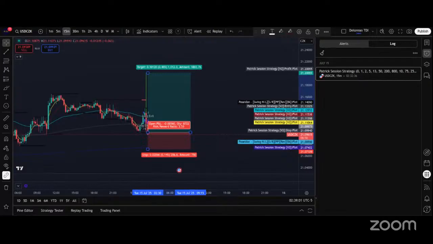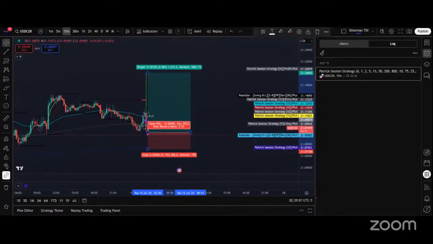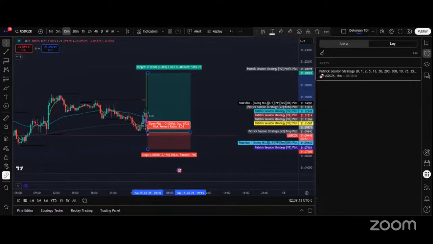This time, risk to reward ratio is going to be 3.53 to 21.2095 for 1,012 pips. Stop loss is 21.07109. That's now going to be for 287 pips. And entry price is going to be 21.09975.